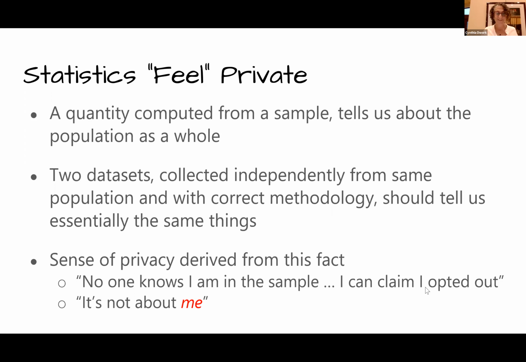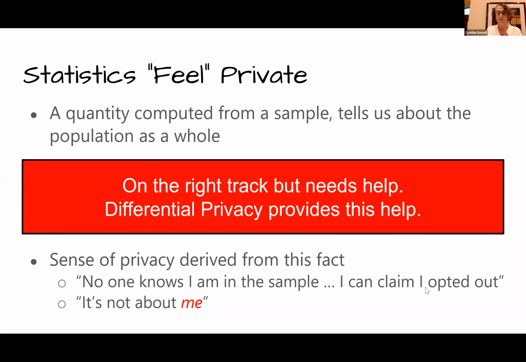Even if there's just one sample, maybe you think nobody knows I'm in the sample, or I can claim that I opted out. And in a very strong sense, there's this feeling that the statistic is not about me, it's about the population as a whole. And this intuition is on the right track, but it needs some help.